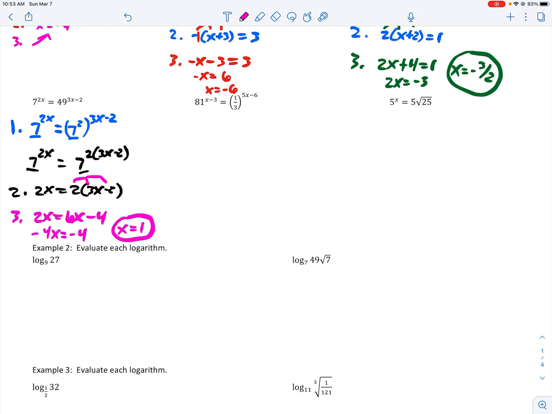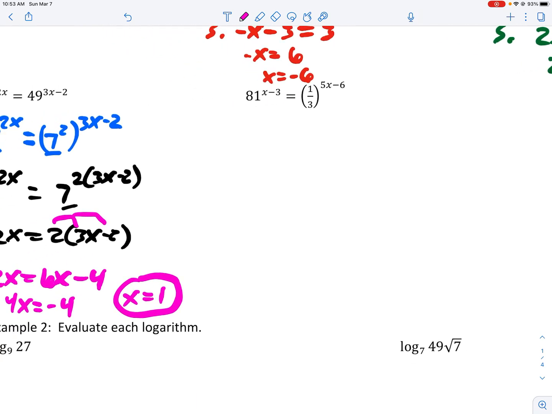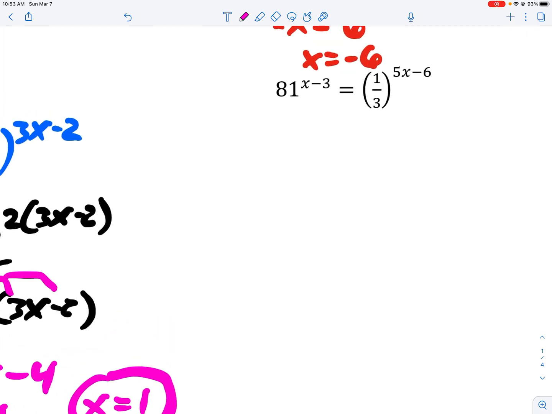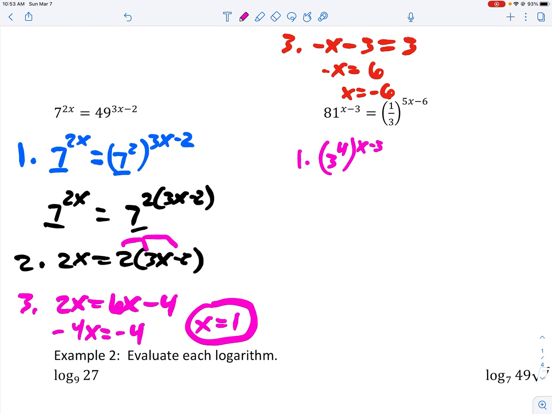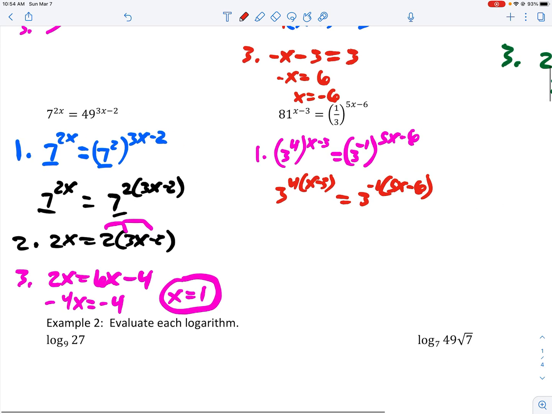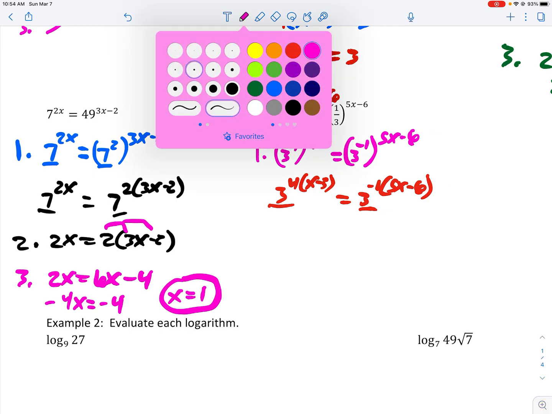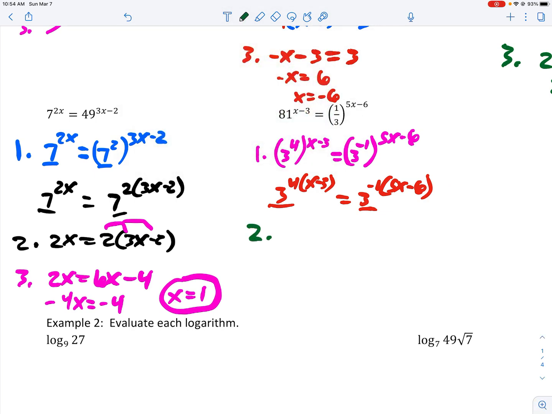Okay, next example. Now neither one of them is the same or a simplified base. But 81, this is step 1, would be 3 to the 4th, to the x minus 3. 1 over 3 would be 3 to the negative 1 times 5x minus 6. So now if we rewrite this, 3 to the 4 times x minus 3 equals 3 to the negative 1 times 5x minus 6. Now our bases are the same. So we can go to step 2, drop the bases.